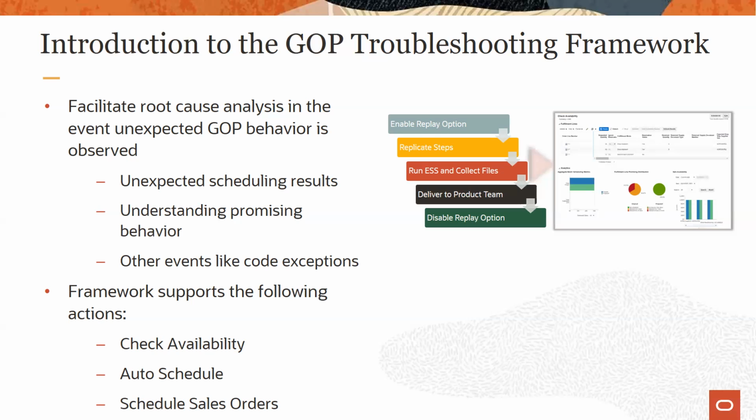This framework can help trace the conditions that led to the unexpected behavior, and it can provide additional insights into that behavior. The troubleshooting mechanism is available for cases that involve order scheduling, such as check availability, schedule sales order, and auto schedule flows.